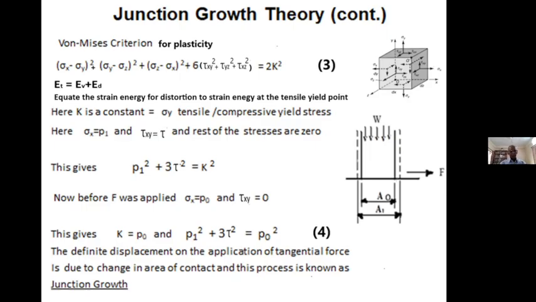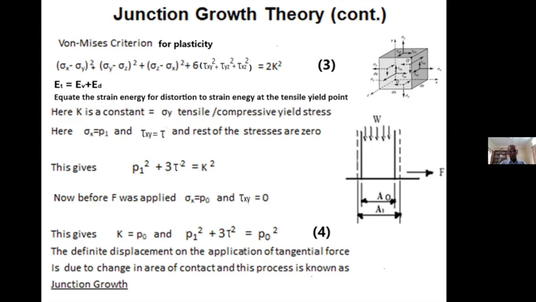Now consider the case where only W was applied and there was no tangential force. So we have got nothing else but sigma x, which is P0, because there was no A1. So sigma x was W by A0. We have written this before, I'm not writing it again.